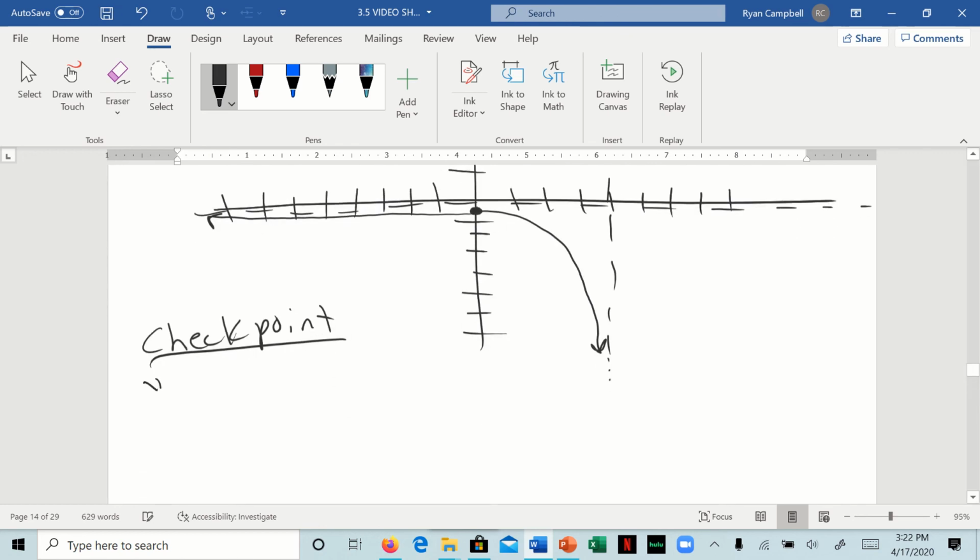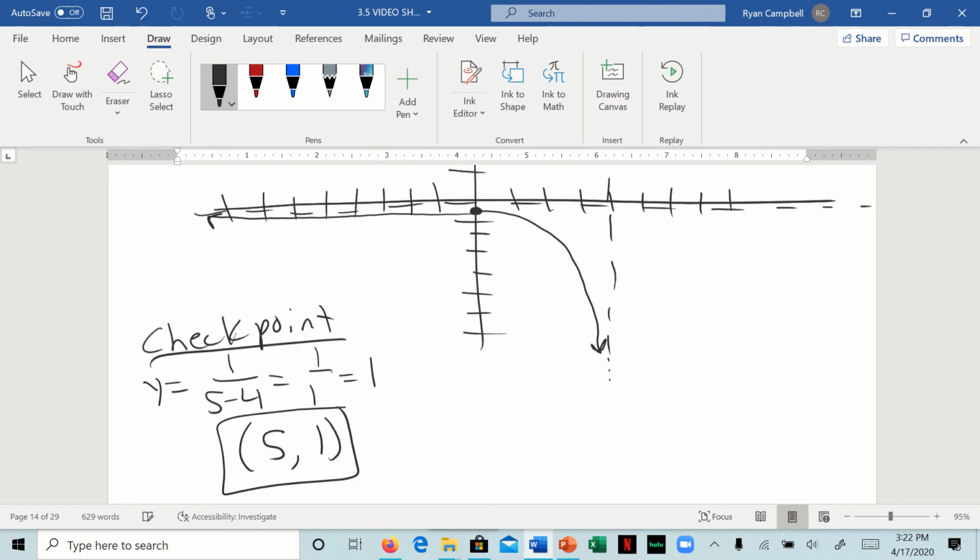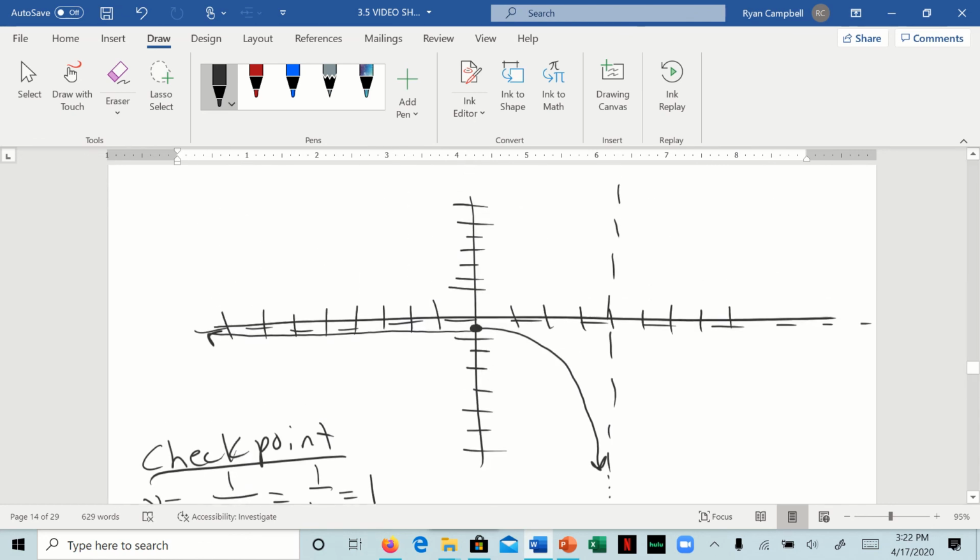So if we plug in 5, we see we get 1. So we know now that another point on this graph is (5, 1). So if we graph (5, 1), all right. Well, as it goes to the left, notice again, it can't go down, right? Because it can't cross the horizontal axis.